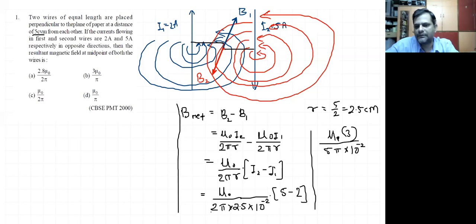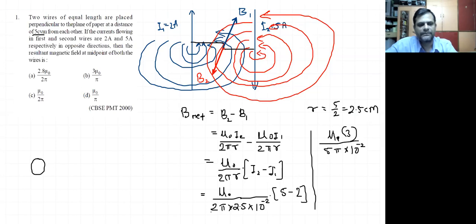B2 minus B1, try to work it out. See, suppose we look at it like this: as they have given, the wires are perpendicular to the plane of the paper, right? That means the wires can be shown like this.